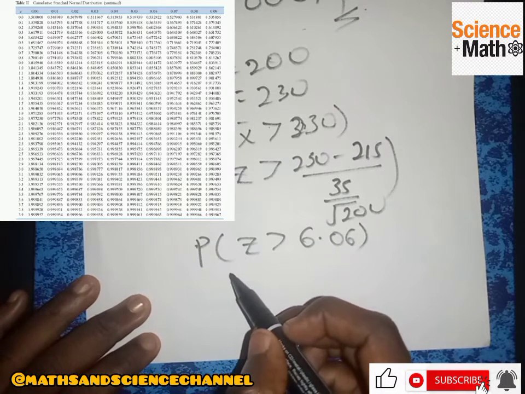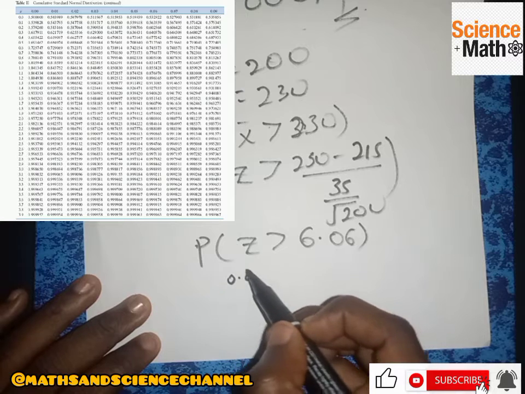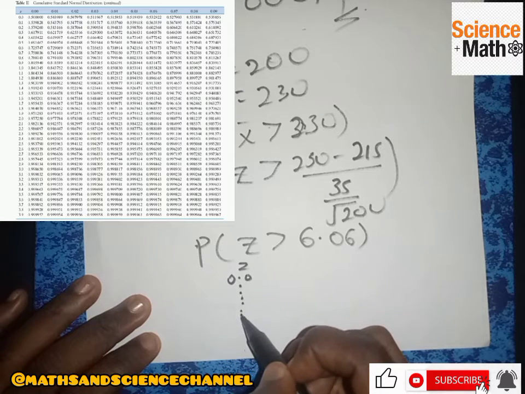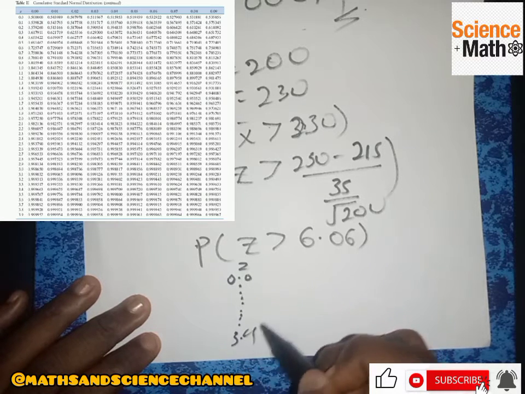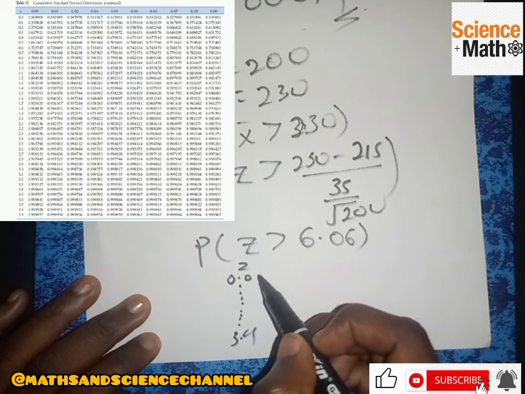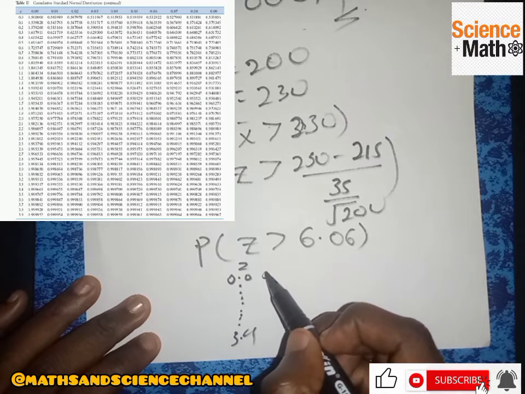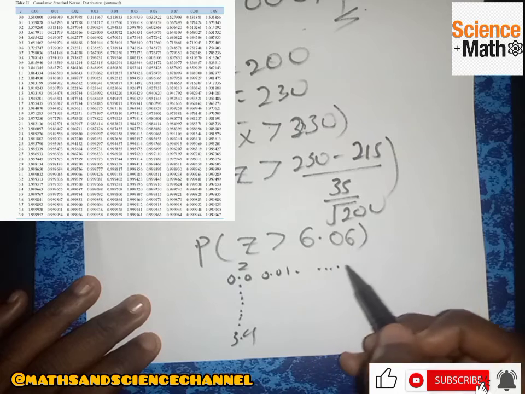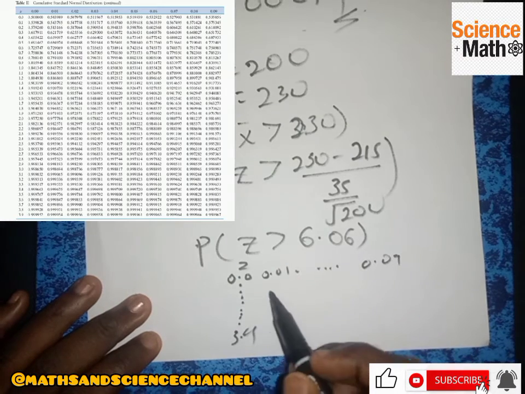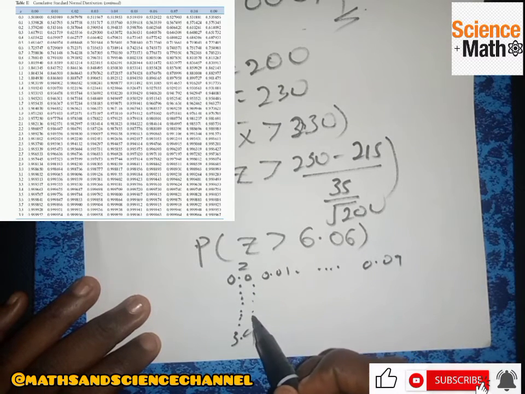So we have 6.06 in this case, but then if you look at the z distribution table, the whole value starts from somewhere 0.0, so it has z here all the way to 3.9, as you can see on the screen, and then it has 0.01 all the way to 0.09, and then you realize that as you are moving downwards, the value will start increasing.